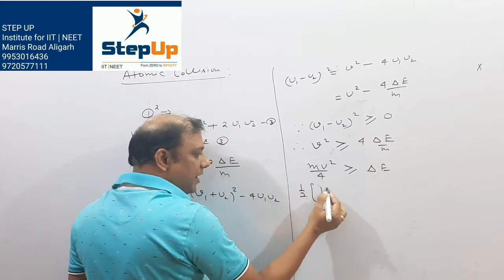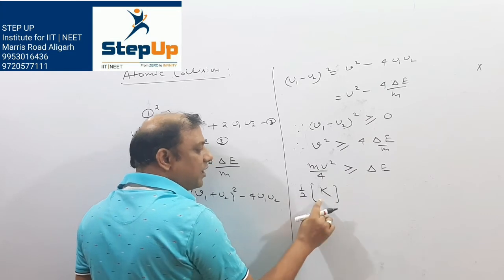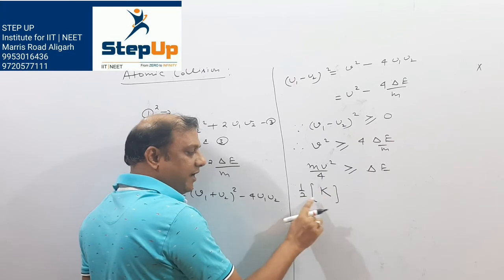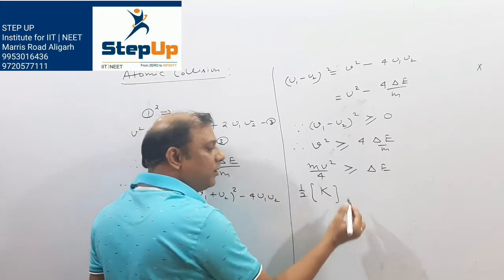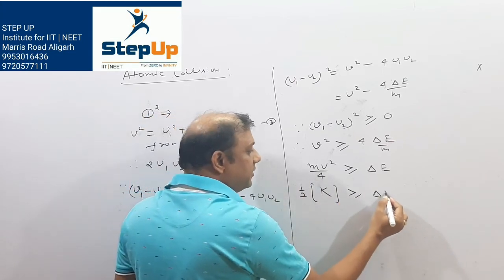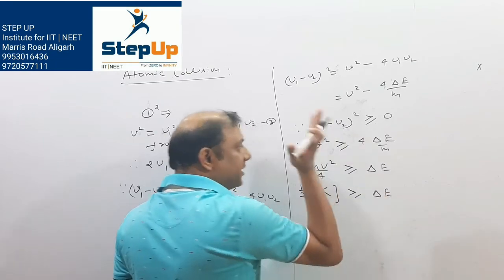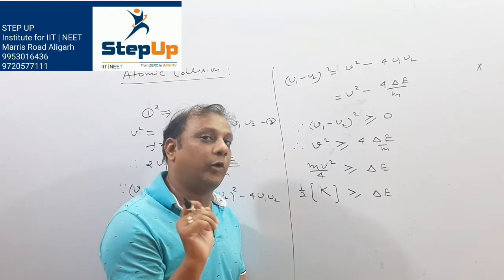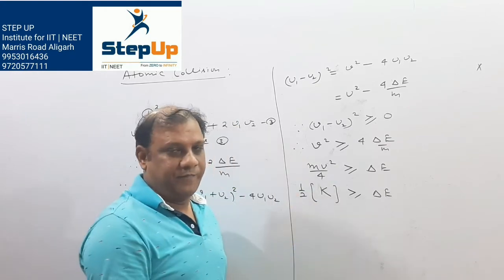Or you can say half m v square, and half m v square is what? Kinetic energy. Half m v square is K, and this is 1 by 2, so it becomes K by 2 is greater than or equal to delta E. And this is the condition. In this explanation we assume that the collision is inelastic.